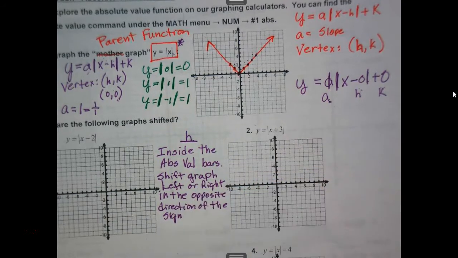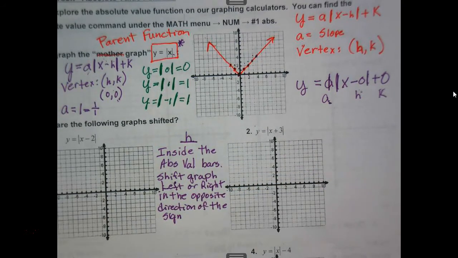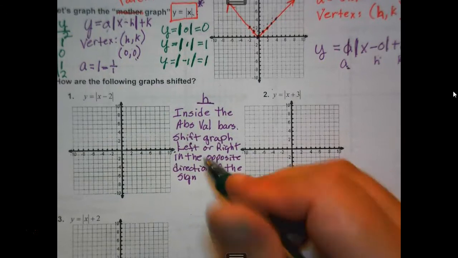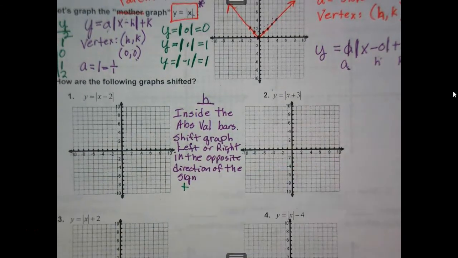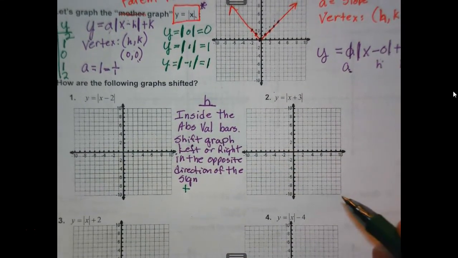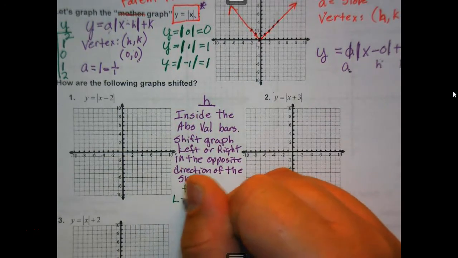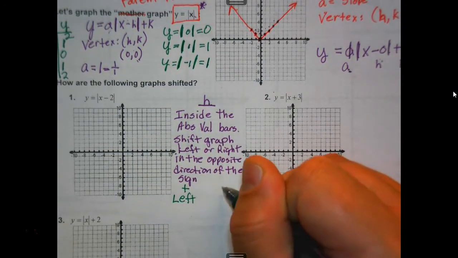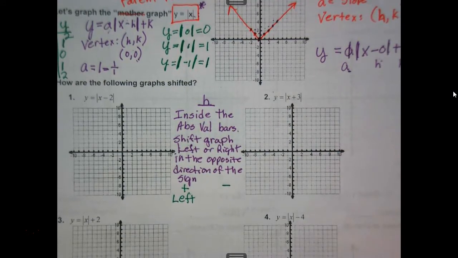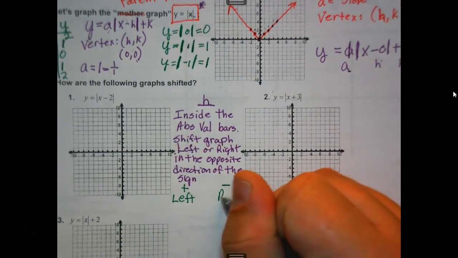Okay? So in other words, if my sign is positive, which way is it going to shift? To the left. If my sign is minus, which way is it going to shift? To the right.